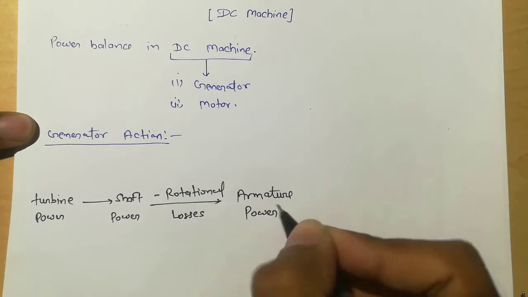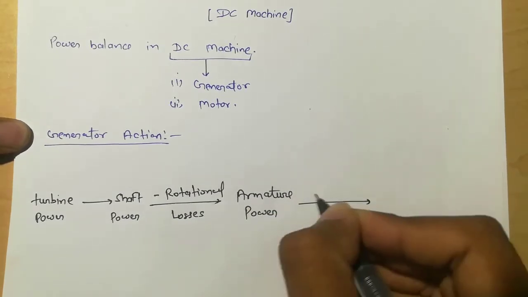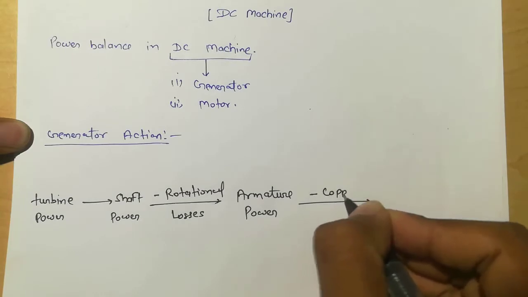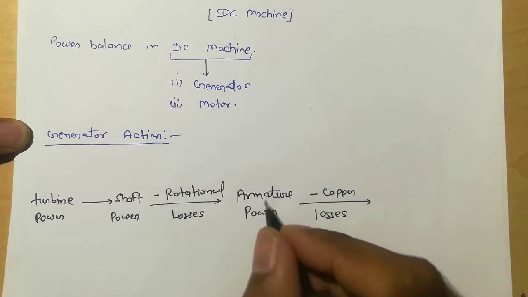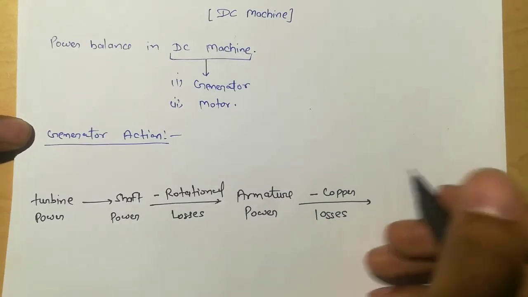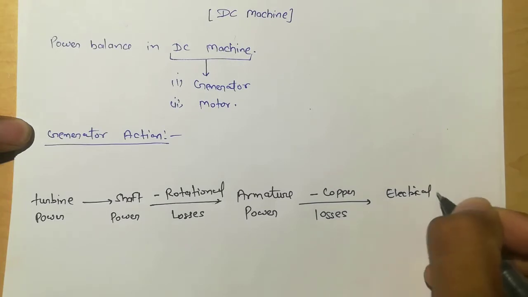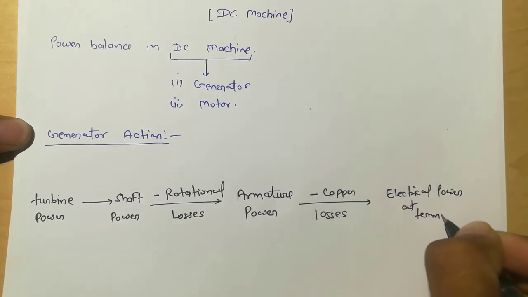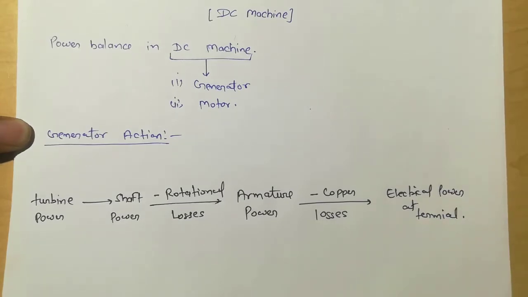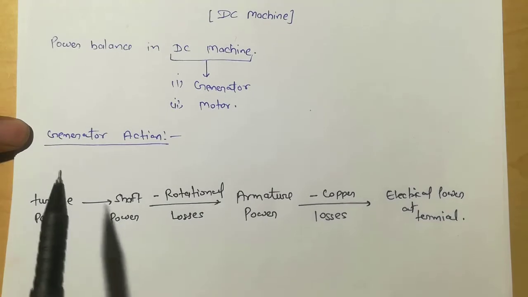Then from the armature power, when we reduce the copper losses of the DC machine, we will get the electrical power at the terminal.